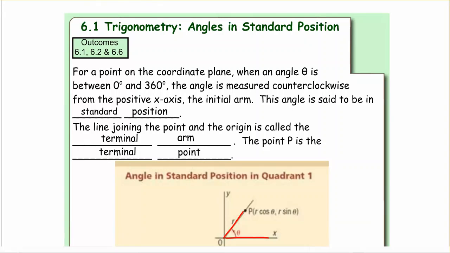Okay, so a bit of terminology first, so we make sure we know what we're talking about. For a point on the coordinate plane, when an angle theta is between 0 and 360 degrees, the angle is measured counterclockwise.